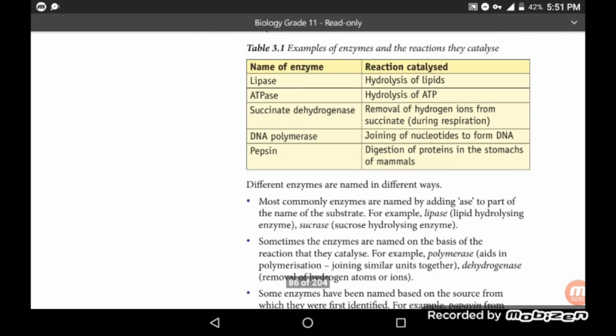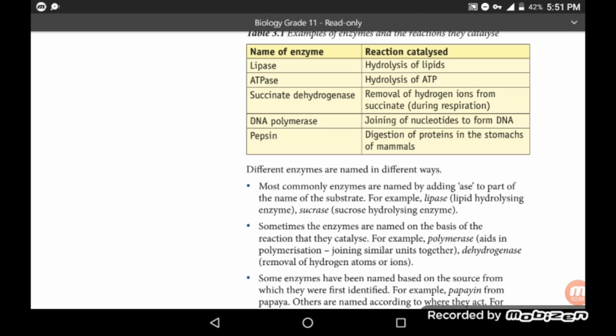So lipase enzyme is involved in the hydrolysis of lipids into fatty acids and glycerol. ATP hydrolysis of ATP, and we can also add sucrase enzyme, the hydrolysis of sucrose.